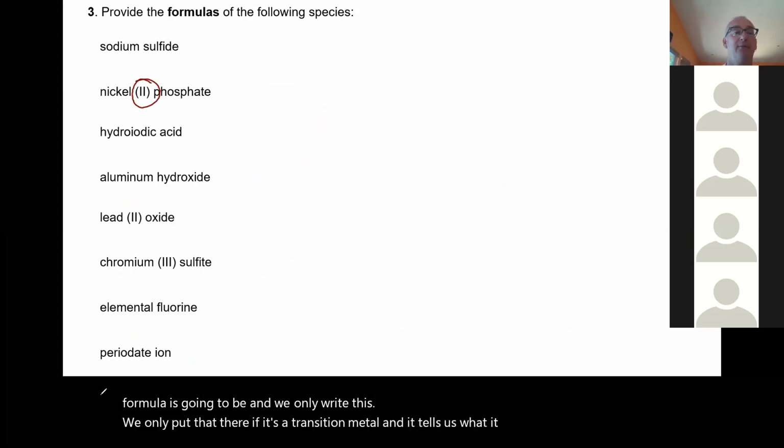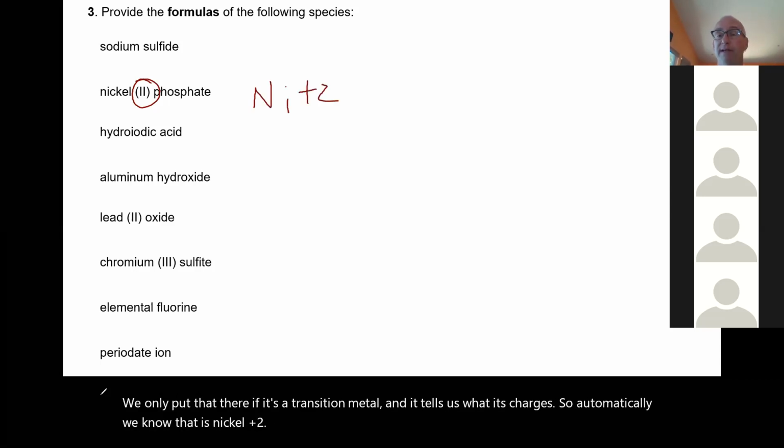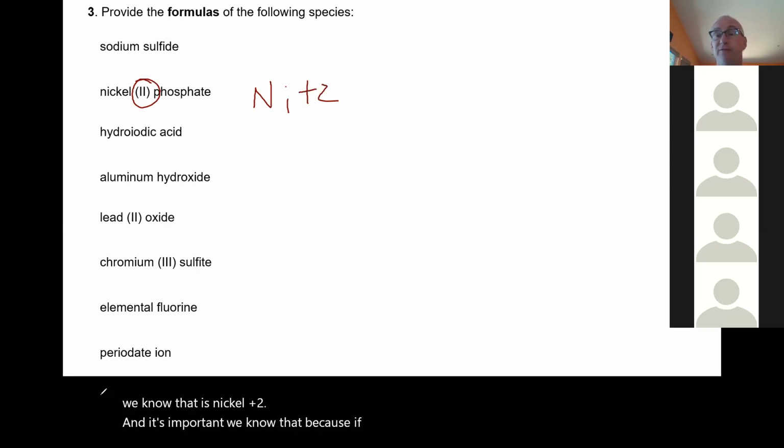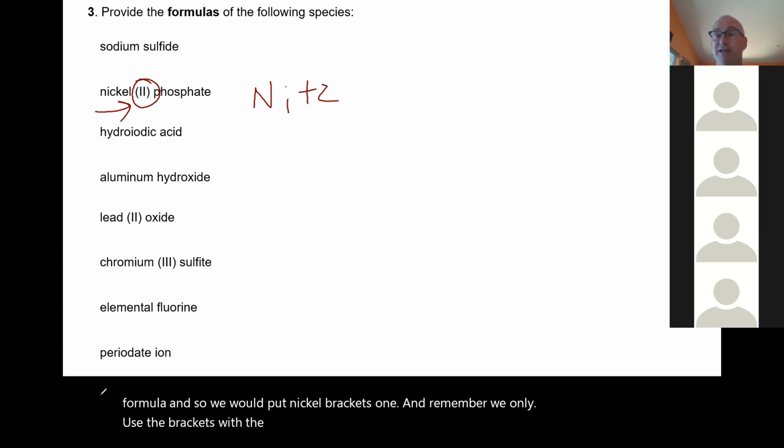So automatically we know that that is nickel +2. It's important, because if it's nickel +1, it's going to have a different formula, and we would put nickel brackets 1. And remember, we only use the brackets with the Roman numeral if it's a transition metal.